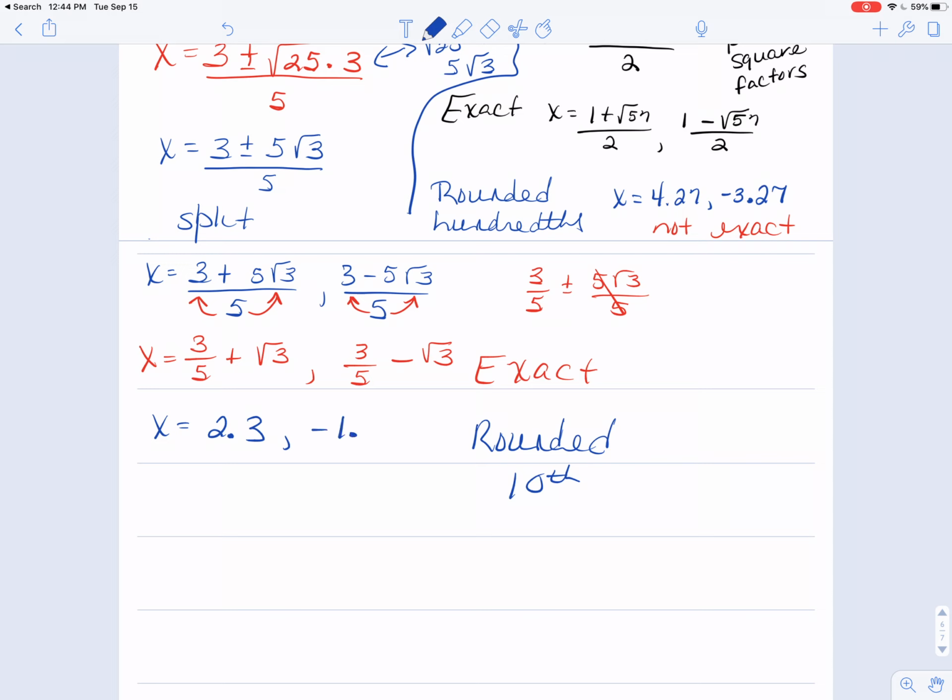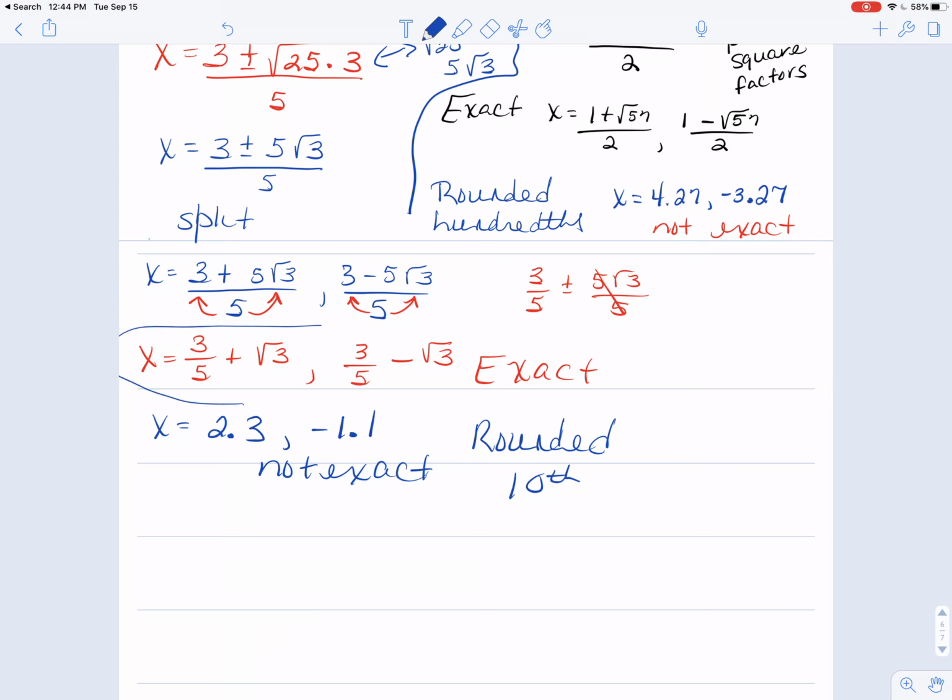So negative 1.1 rounded to the 10th place. So here's your rounded answer. That's where it's crossing the x-axis approximately.